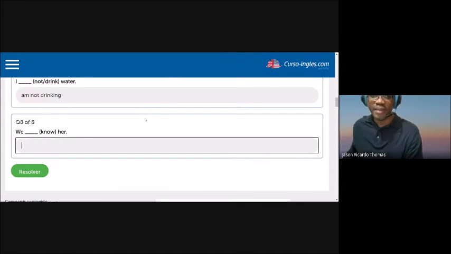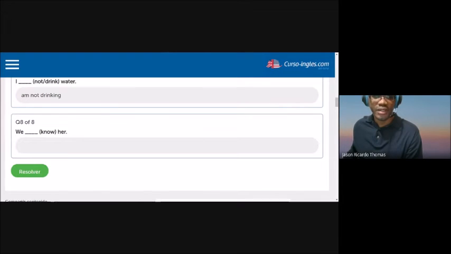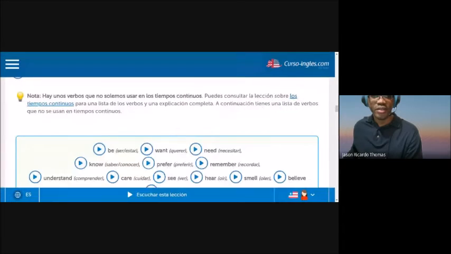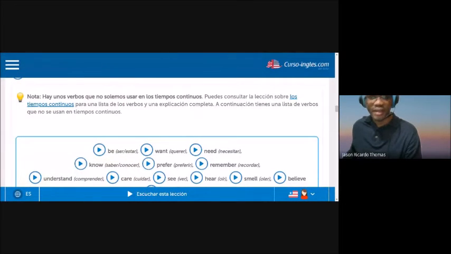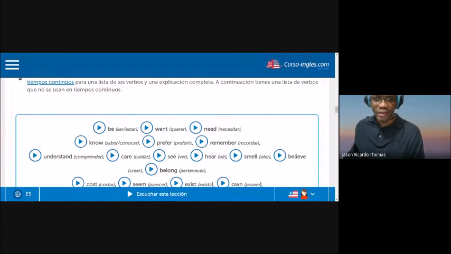No. What do we say about verbs like know? We just looked at it. We have a big mega list with words that don't change. Let me leave it in Spanish so that you can see it. There are verbs that do not change for the ing. One of those verbs is to know.